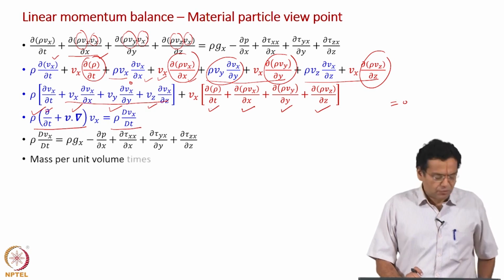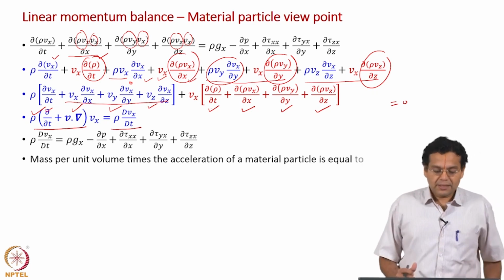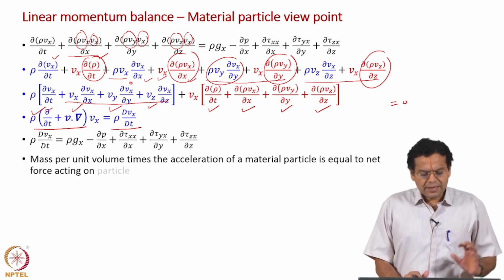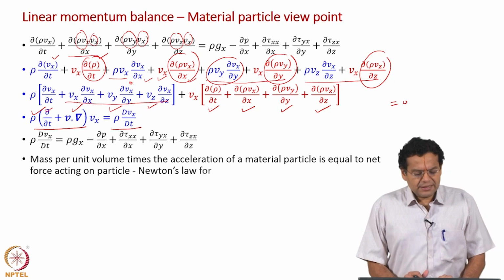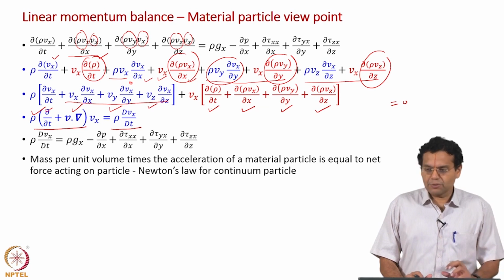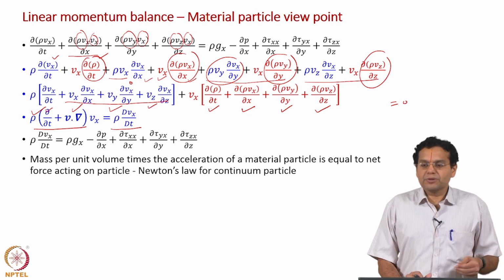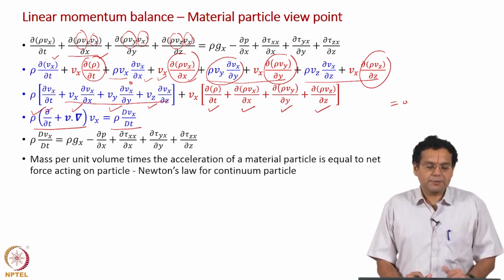Now, how does the significance change, how do we interpret this equation? The left hand side, if you read it, first you have density which is mass per unit volume, and then that is multiplied by dVx by dt, which we know is the acceleration of a material particle. Remember what was the significance of substantial derivative?